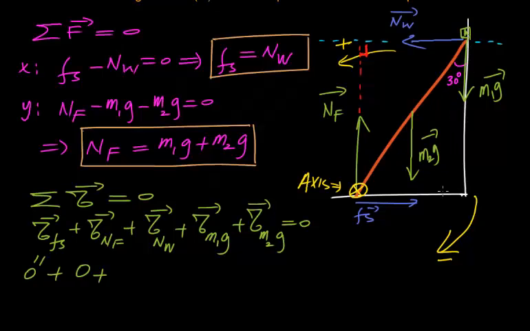Using the triangle, I can easily solve for this part of the triangle along the wall, which is going to be L, which is the length of the ladder, cosine 30.